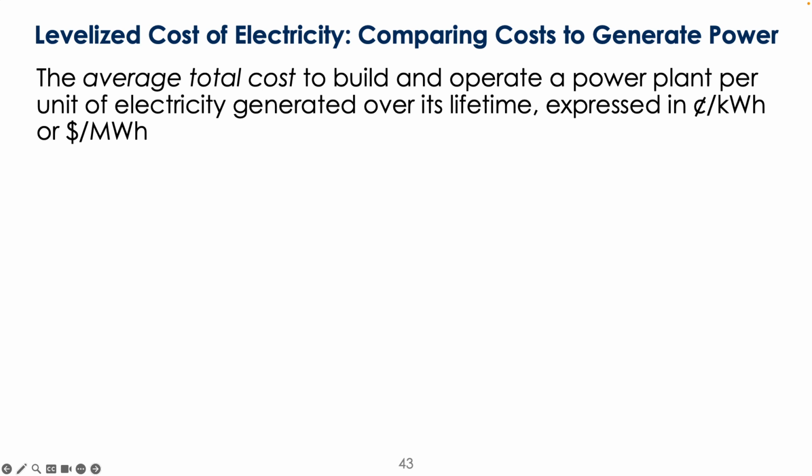It takes all these terms that we just talked about, the overnight costs, the fixed and variable O&M, the fuel costs, but it also thinks about how much the power plant actually gets used, right? Because the capacity factor of a nuclear plant is different from a coal plant, is different from a solar facility. So levelized cost is the way that we can put everything into the same kind of metric and compare cost to generate power.